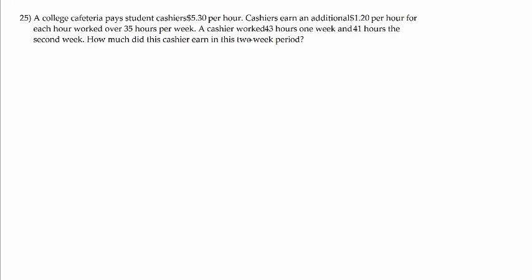Okay, there are several ways of approaching this, but for the first week, she worked 43 hours. Now 35 hours are going to be paid at the rate of $5.30 per hour, and anything over that is going to be $1.20 more. So 43 minus 35 is 8 hours.